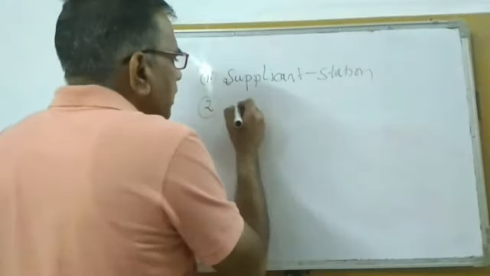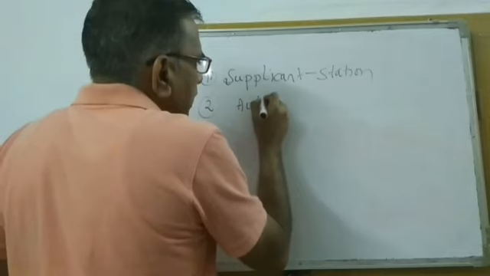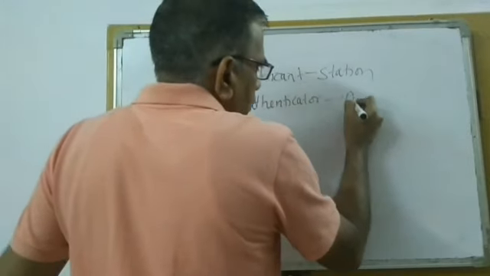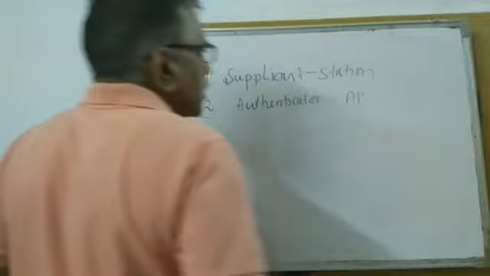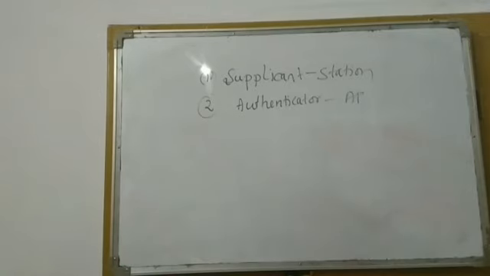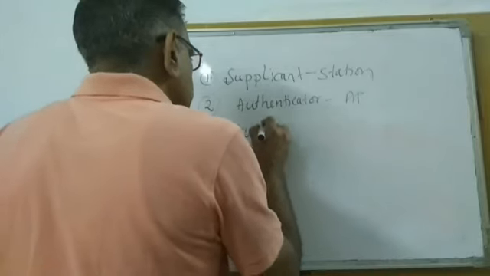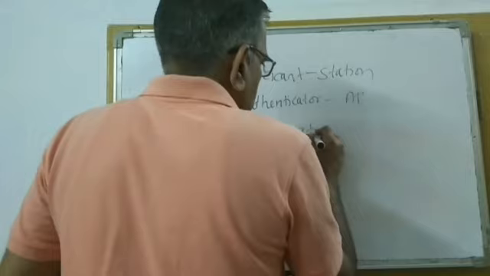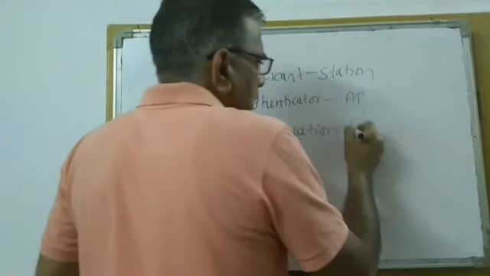We identify access points as an authenticator. So these are our authenticators, and the third entity is our authentication server, that is a RADIUS server in our discussion.